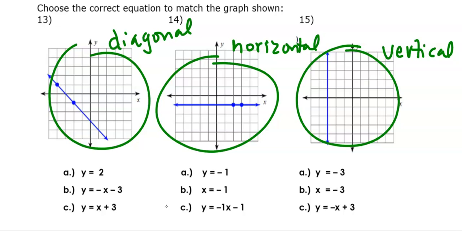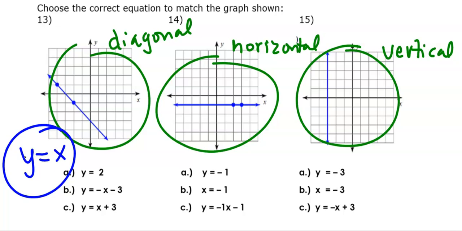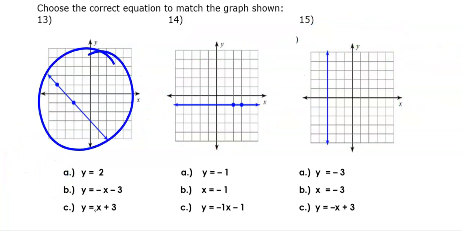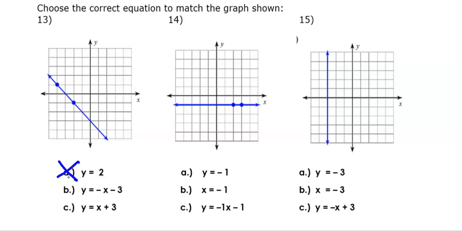When you are diagonal, you must have two letters in your answer. And when you are one of these, you either have just a Y or just an X. So if you're diagonal, you have to have two letters in your answer. So you'll notice this one here, it only has one letter. So that's got to be wrong.